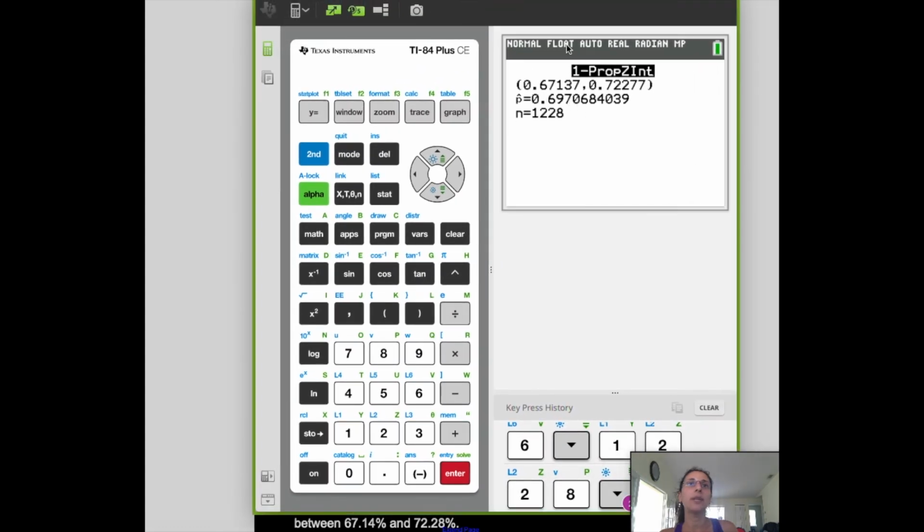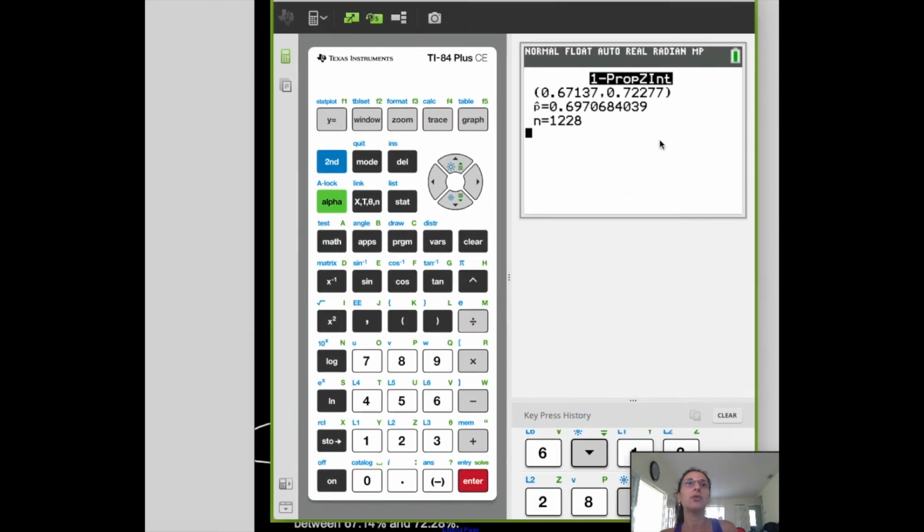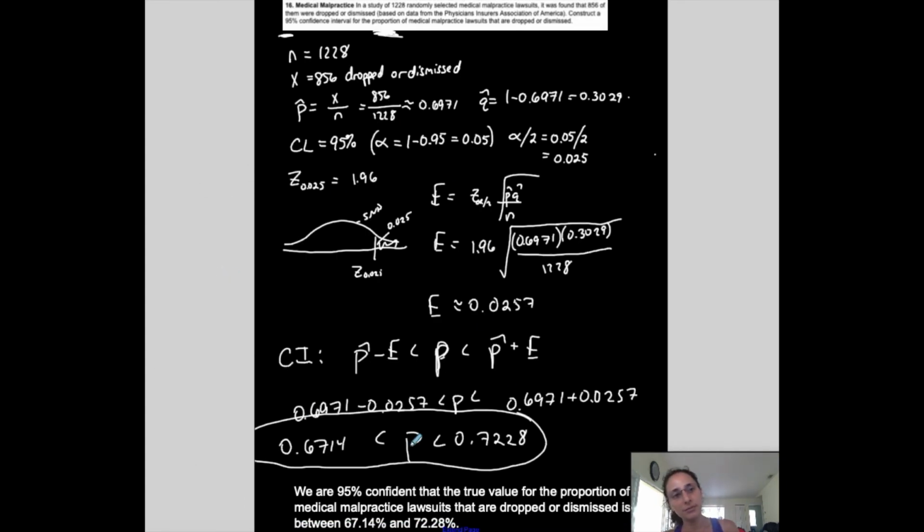It does that for me. And then it calculates my interval, 0.6714 to 0.7228. So it does it for me. Lucky me. It went through the whole formula that I just did by hand, real quick, in one shot.